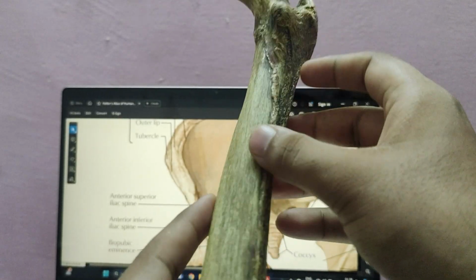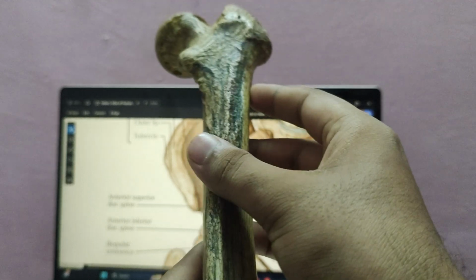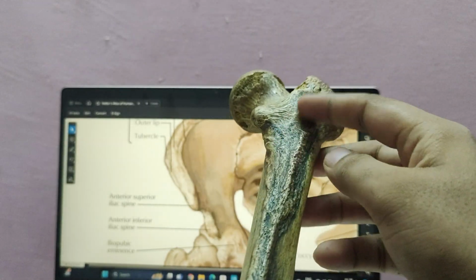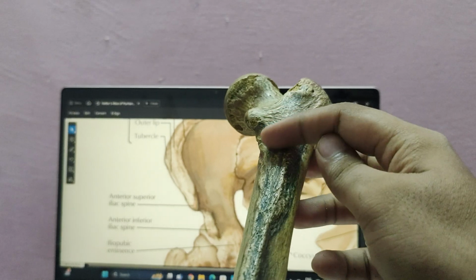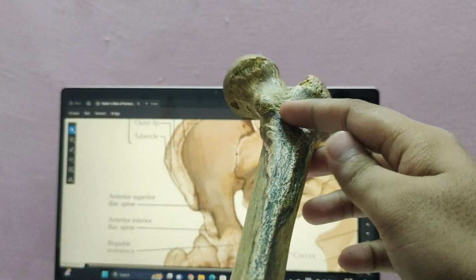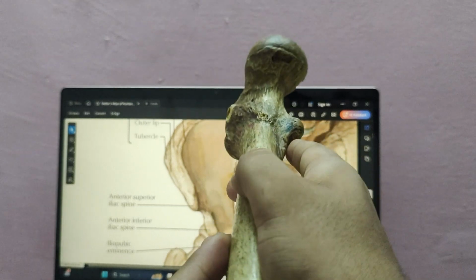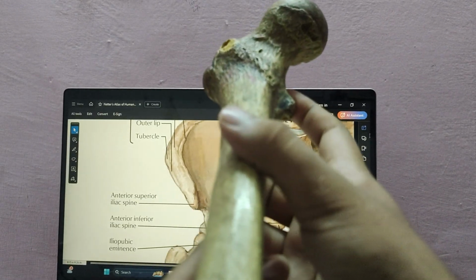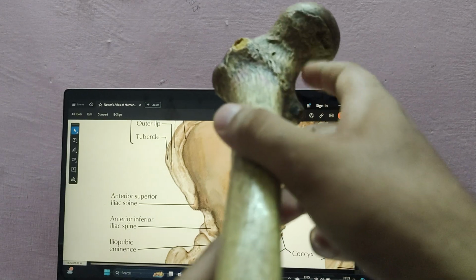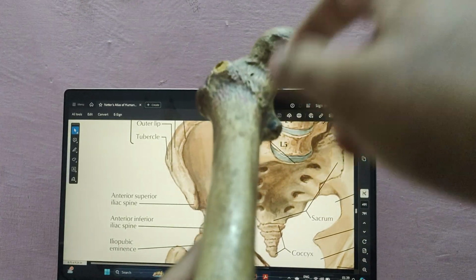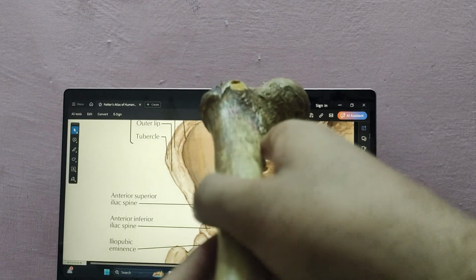Here you can appreciate the markings very well. This rugosity is because of the attachment of the gluteus maximus muscle along the posterior surface of the femur, and here in the lesser trochanter we attach the iliopsoas muscle, which is the major flexor of the hip joint.